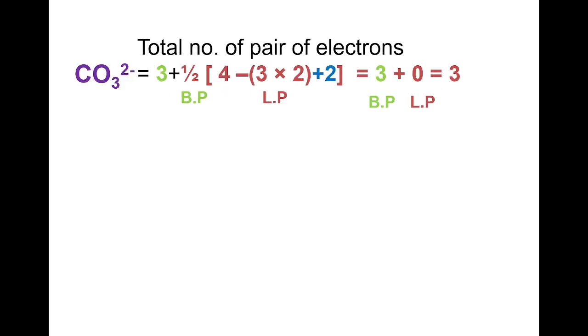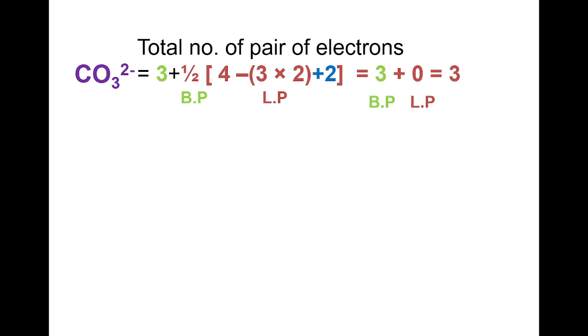Now let us discuss the charged species. Suppose we have carbonate, CO3 2 minus. Here 2 minus is the charge, a negative charge is there. So total surrounding atoms 3 oxygen, 3 plus half of 4, the outermost electron of the central atom, here carbon, minus 3 into 2, 3 is the total oxygen and 2 is the valency of oxygen.